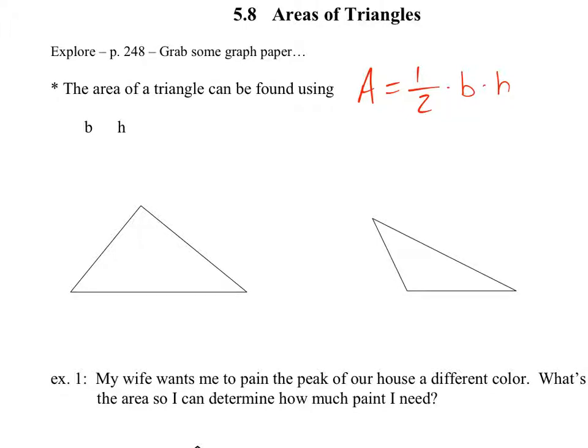Now, a very important thing is that when we're talking about the base, it has to be perpendicular to the height. So the base and the height have to be at a 90-degree angle from each other. What I mean by that is this. If this here is my base of the triangle, the height, how I measure how tall that thing is, has to be at a 90-degree angle to the direction of the base.